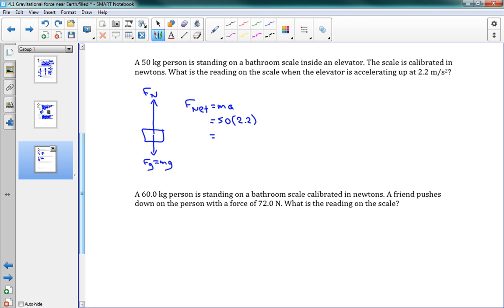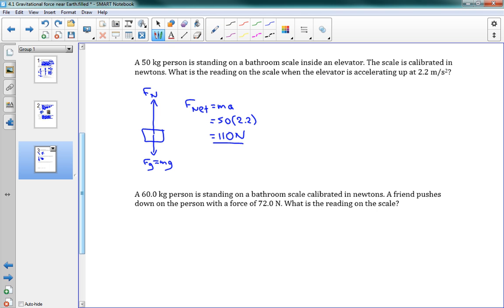So that gives me a net force of 50 times 2.2. It's going to be 110 newtons. Okay, great.